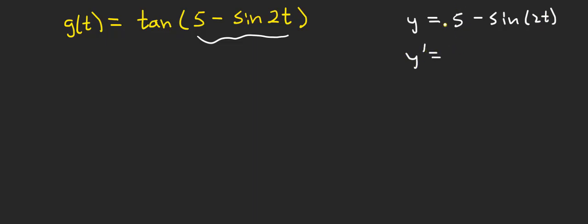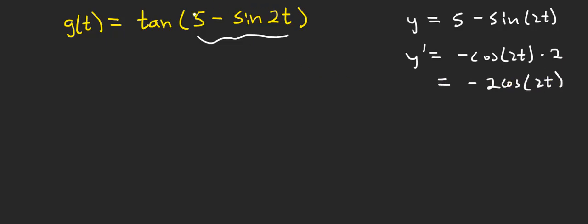Well, the derivative of 5 is 0. Now, what is the derivative of negative sine of 2t? Well, the derivative of negative sine is negative cosine of 2t, but don't forget the derivative of the inside. What's the derivative of 2t? That's 2. So you're going to get negative 2 cosine of 2t. So that was the derivative of the inside.